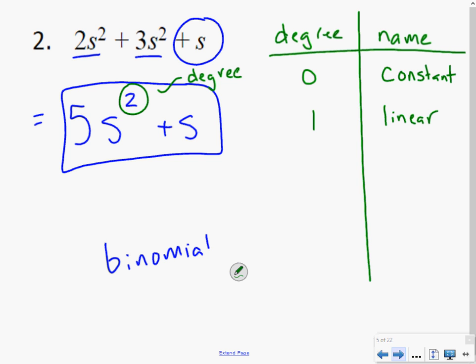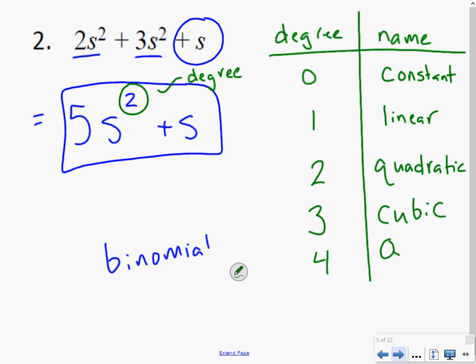You have learned about linear functions this year, so you know that the biggest exponent for those is 1: y equals mx to the first power plus b. If our degree is 2, it's quadratic. If the degree is 3, it's cubic. 4 is quartic. And 5 would be quintic.